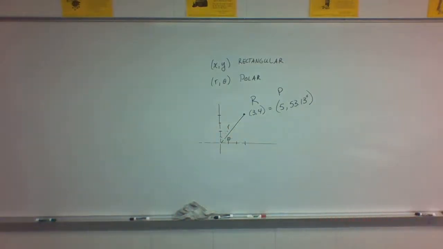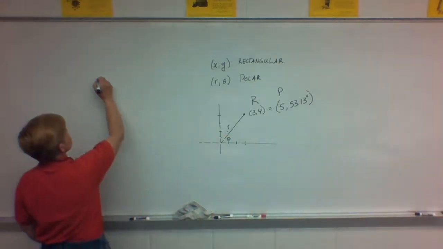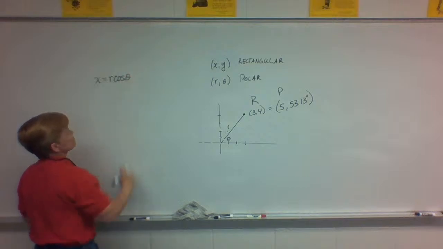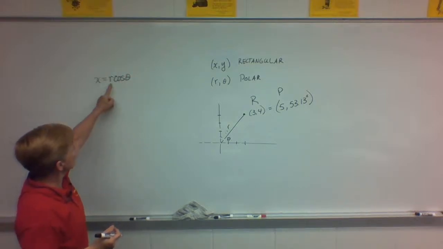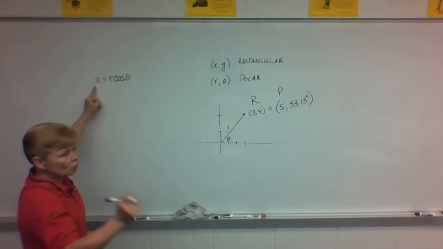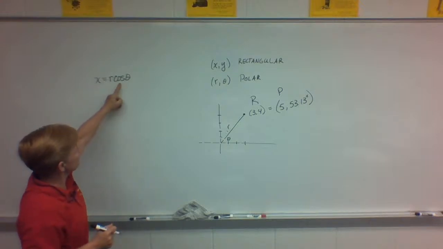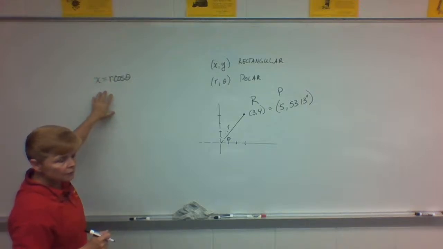And here's what we have, and this should make good sense to you. x is equal to r cosine theta. Right? That means that r is equal to x divided by cosine theta. Or the cosine of theta is equal to x divided by r. They're all different forms of the same thing.